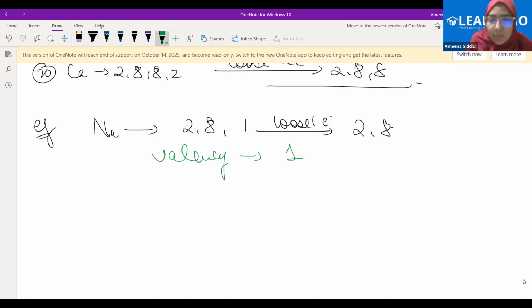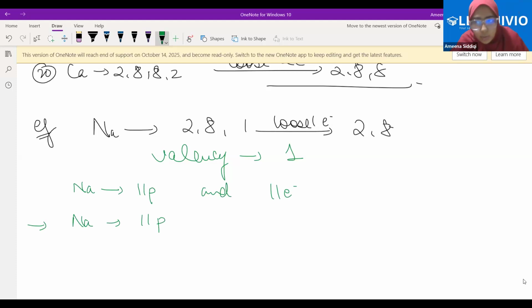Now see one very, very important point here. First case, we have the sodium atom, which has 11 protons and 11 electrons, correct? Then we have the sodium ion, which has 11 protons, because protons are neither added nor lost. And now the sodium atom has lost how many electrons? 1 electron.